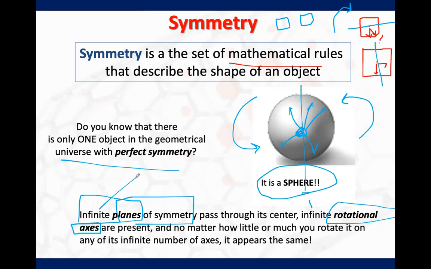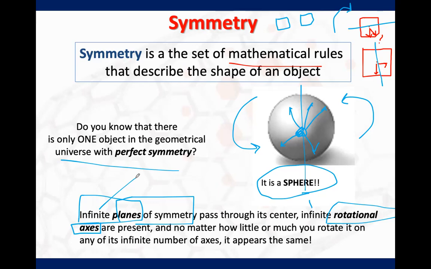If something is spherical, then definitely you will have that kind of symmetry. So cube and sphere you can take as perfectly symmetrical objects. The sphere is 100% symmetrical, and the cube is also 100%, but still there can be some changes to its symmetry, which you may learn in advanced crystallography, but not at the undergraduate level.